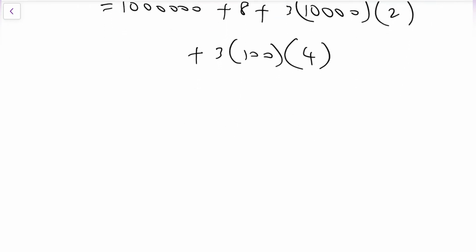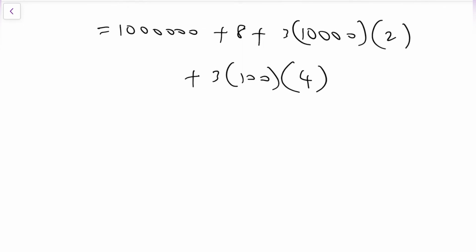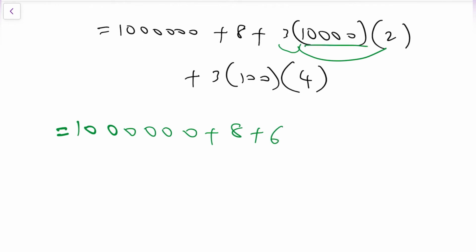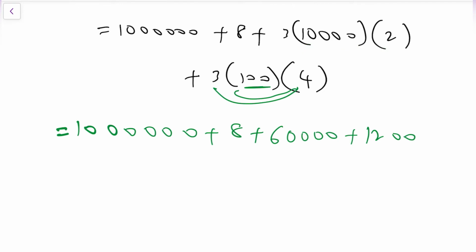Writing the first term as it is, 10 lakhs plus 8 plus 3 into 2, 6, with 4 zeros as it is, plus 3 fours are 12, after that 2 zeros, so 1200. Let us add all these numbers.